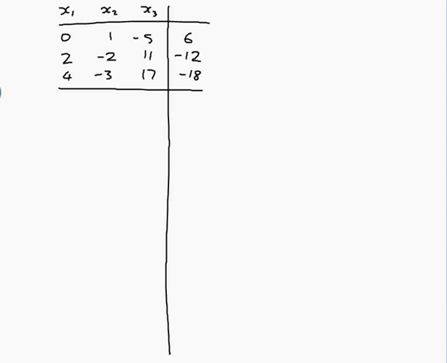So what we want to achieve by using row operations is to get this column to look like the first column of the identity matrix. That means I need a 1 in this position right here. Using row operations, I can swap rows, I can multiply rows by constants, and I can add multiples of rows to other rows.